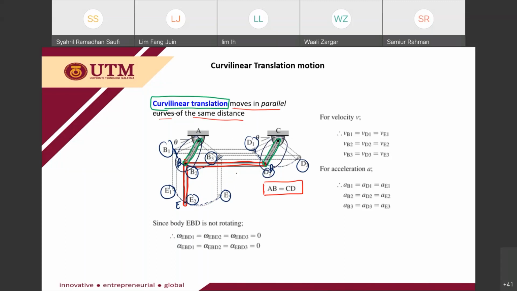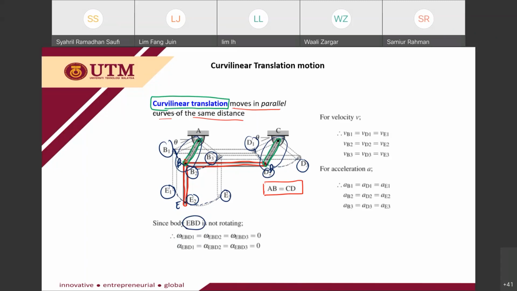For these arms AB and CD, the focus here is on EBD. We focus on the L rod, the rigid body that I colored with the red line. So this EBD is actually moving with curvilinear translation.